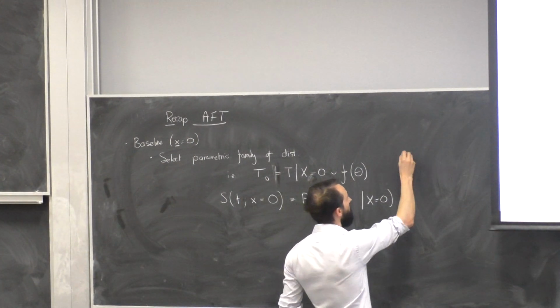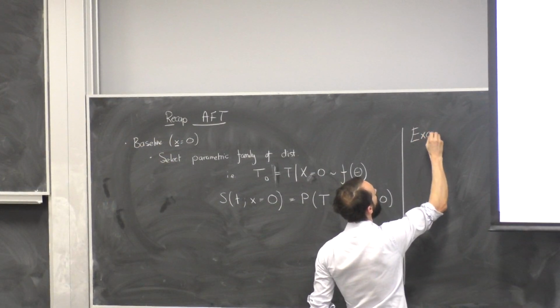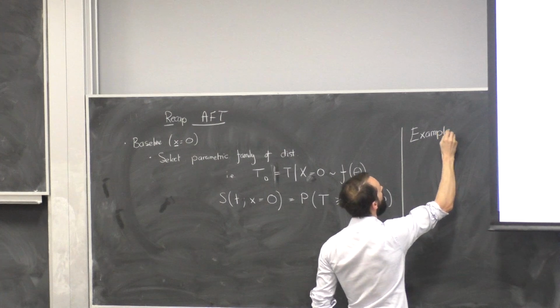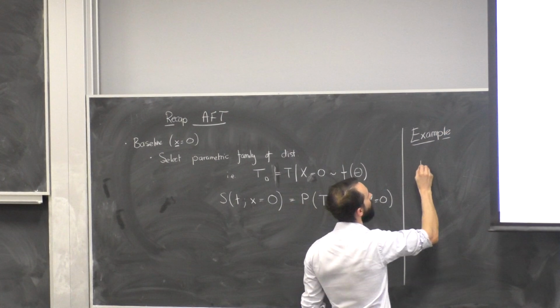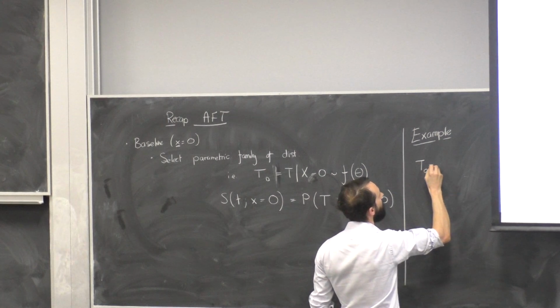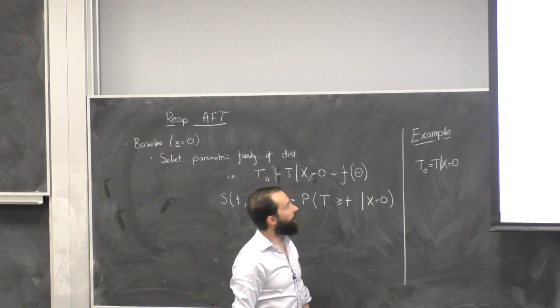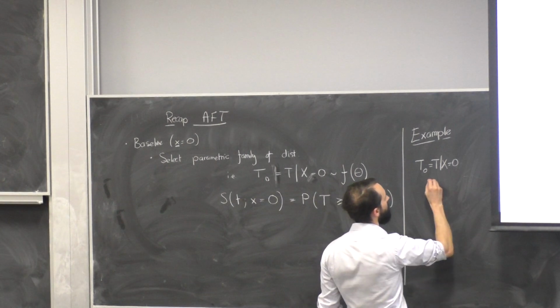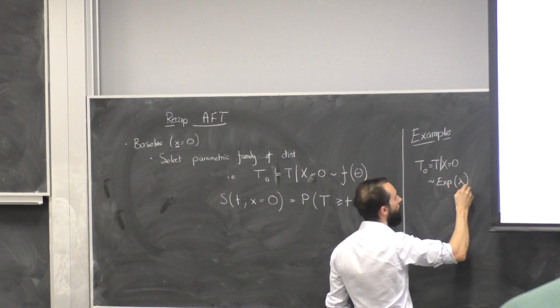Okay, so if I did an example, I might decide that I'm going to model the failure time of a baseline individual as exponential with rate lambda.